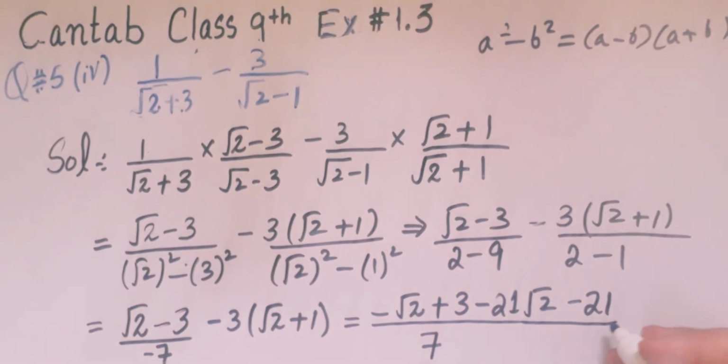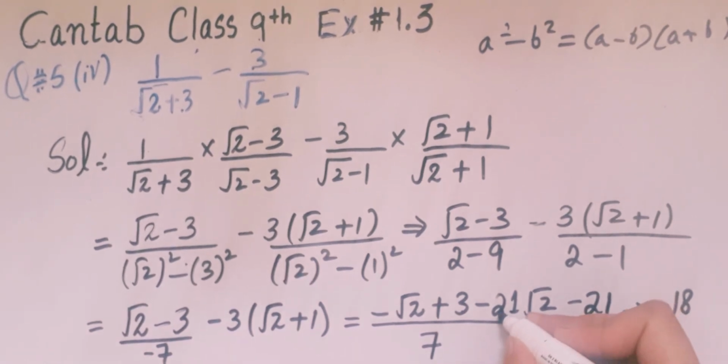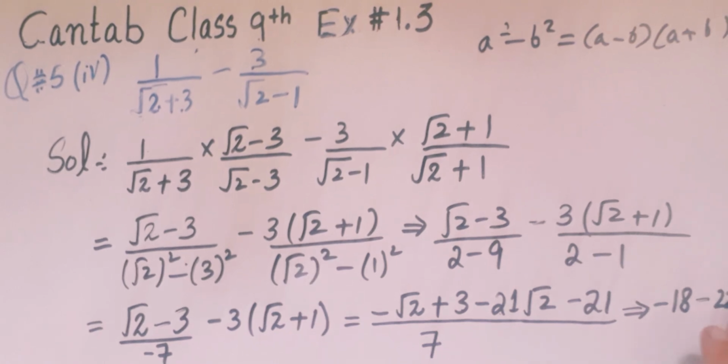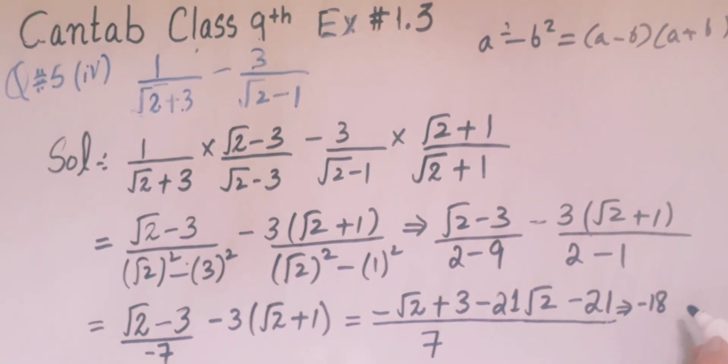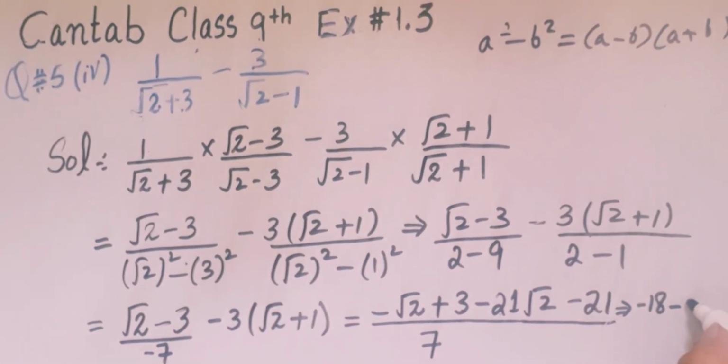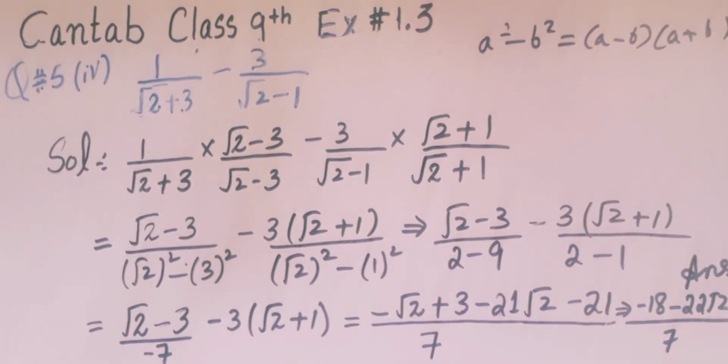So we have 21 minus 3 is 18, which implies that minus 18, and minus 21 square root 2 minus 21... minus 22 square root 2 by 7. So this is the answer of this part. I hope you easily understand this.